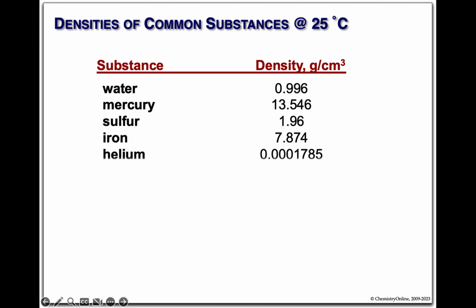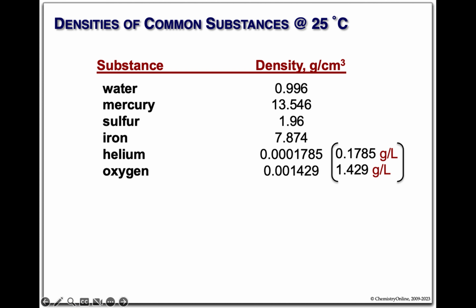Iron, almost 8. Helium and oxygen are gases. Their density is just very small numbers. Typically, when you have a gas, instead of grams per cubic centimeter, you do grams per liter. Makes it more reasonable numbers. Simply multiply by 1,000 to get there.